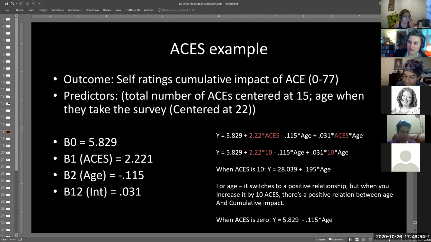So it really only exists to be interpreted alongside the other two main effects. You can interpret it globally to say that the relationship of one of these is moderated by the other, or these two moderate one another in relationship to the outcome. But in terms of a 1 unit change in the interaction, there's no such thing. Okay, I see. Thank you. You're welcome.